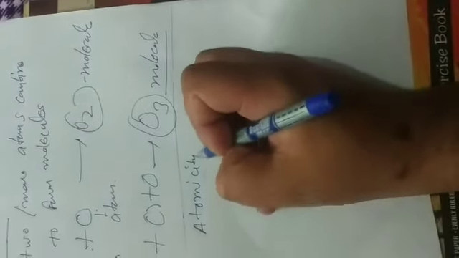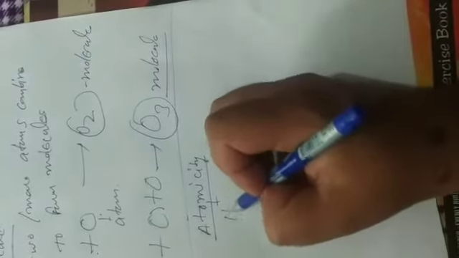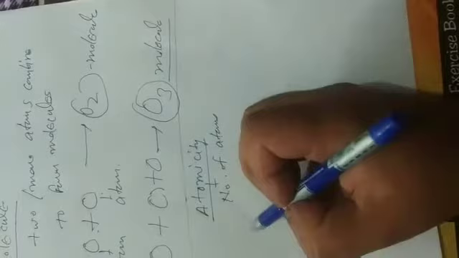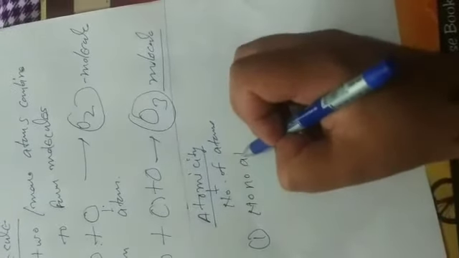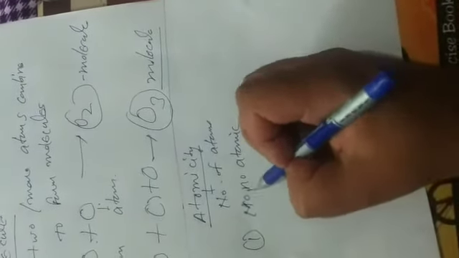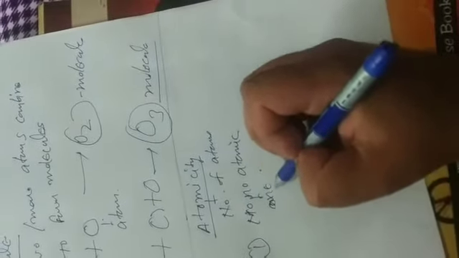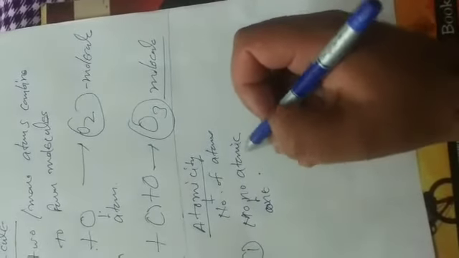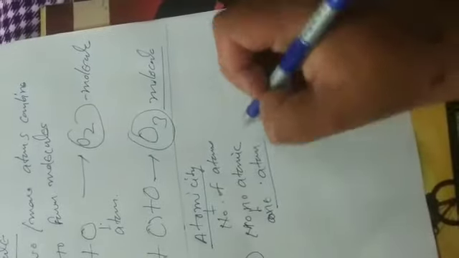Atomicity means the number of atoms. The first is monoatomic. Mono means one atom. In monoatomic, there is one atom.